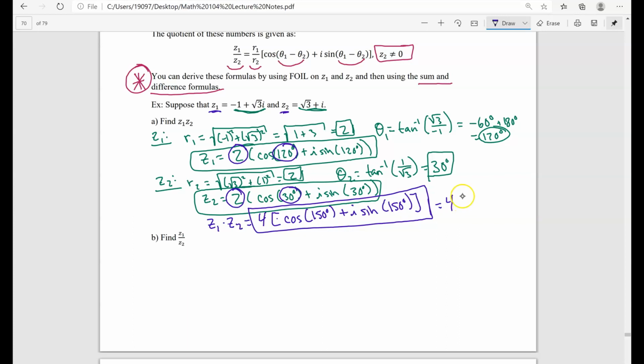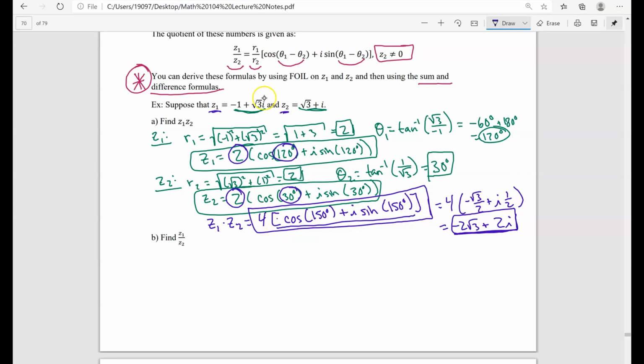That's negative square root of 3 over 2, plus i times the sine of 150, which is 1/2. So when I FOIL this out, this gives me negative 2 square root of 3 plus 2i. If you really wanted to know what it was in complex form, this is what it's going to be. You just put this in your calculator, or look at the unit circle and FOIL it out.